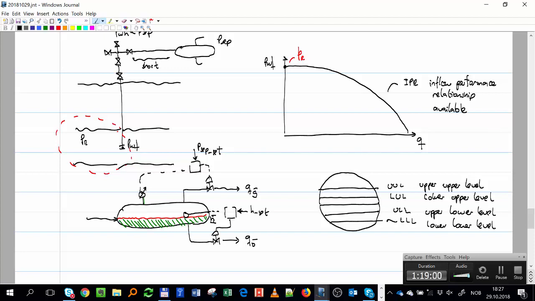I don't want to be at exactly one number, but if you fall between these two, it's fine, because I have to make sure that no gas will come into that line. If the level is too low, gas starts going into the liquid line, and that line was not made for that. Or if the level goes too high, I might start having liquid going to the gas line.